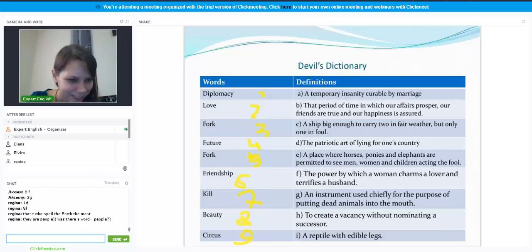What's the word people? Okay. No, it was just the words bird, bag, table, and pillow.